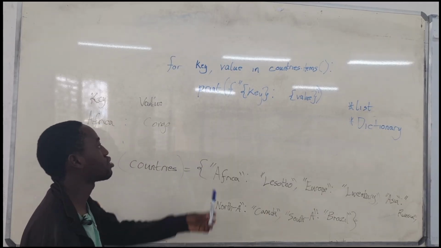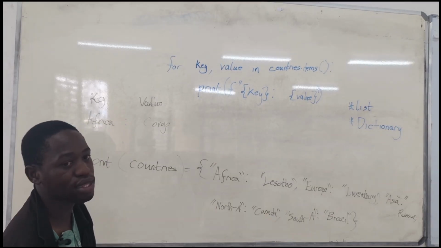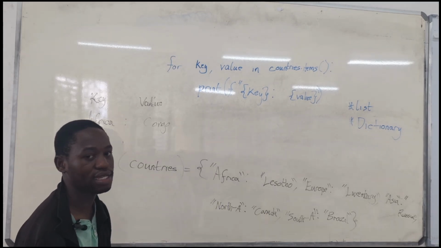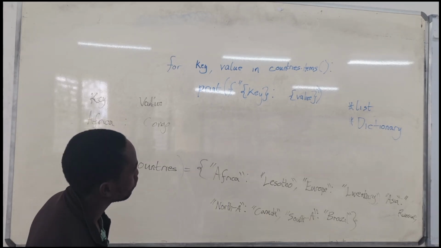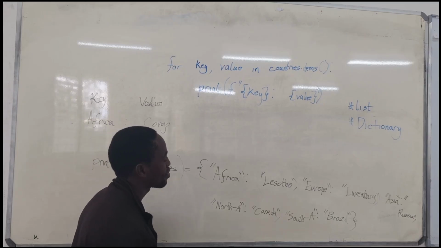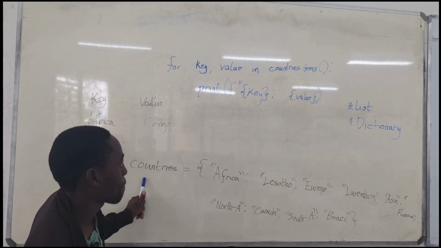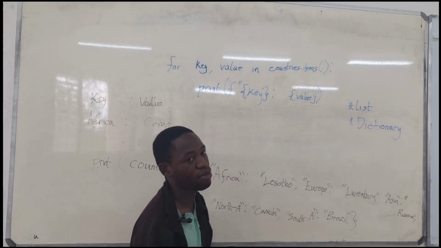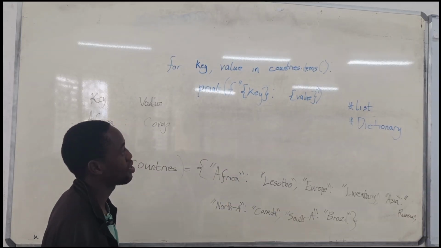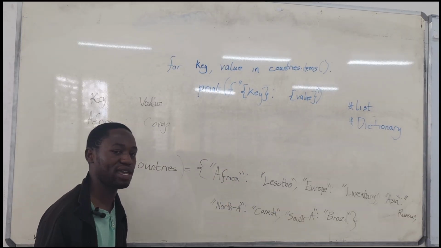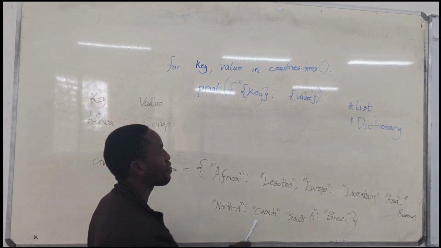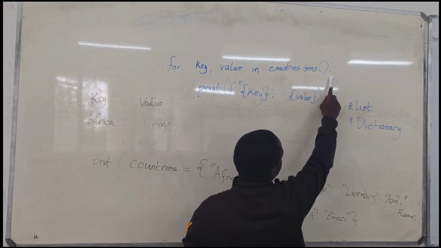If you want, you can use any other print statement that you're comfortable with, but for this I just prefer this. So if you notice, for printing a dictionary, we added an items method at the end there. Whenever you're looping through a dictionary like this, you need to specify the method items.